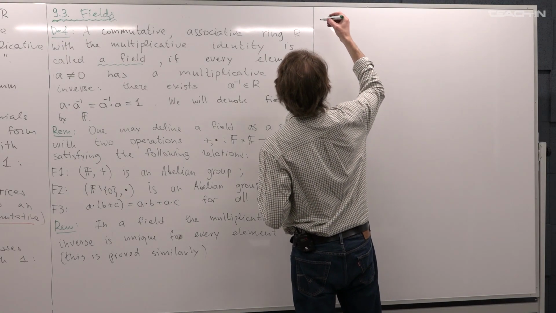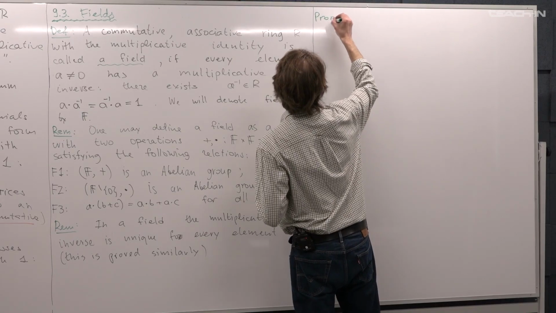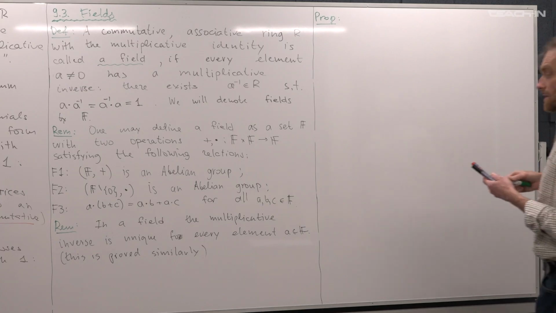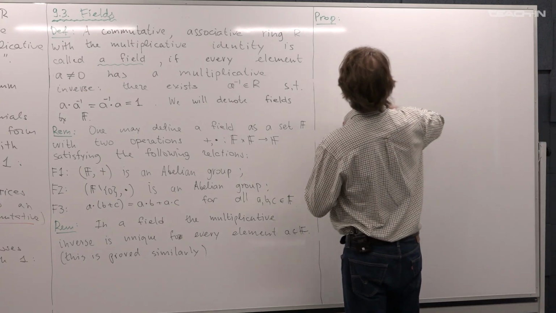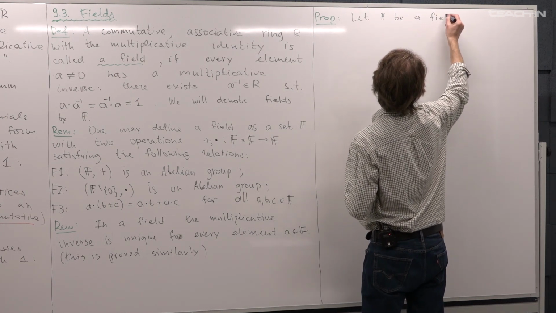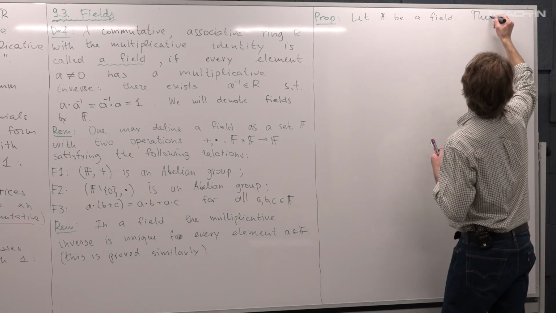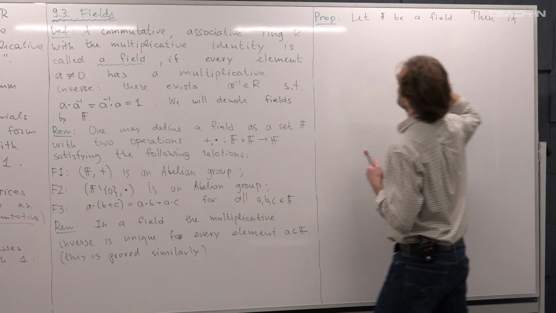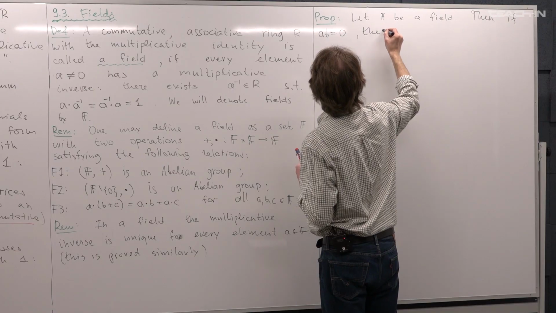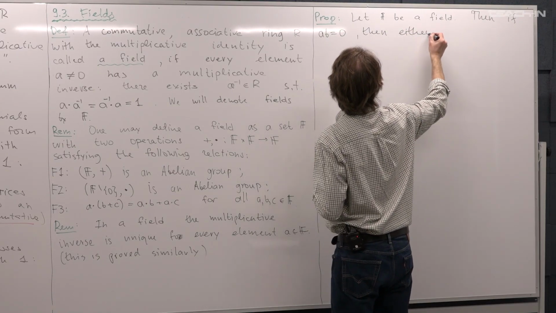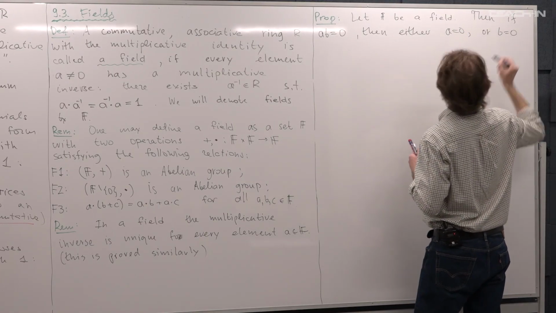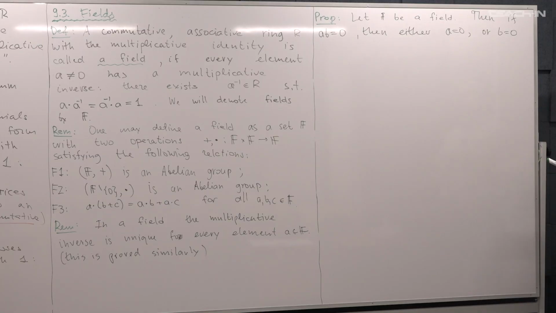So now I'm going to prove one very important property that is satisfied for fields but is not satisfied for rings. Let F be a field. Then if a multiplied by b equals 0, then either a equals 0 or b equals 0. So this is what we need to prove.